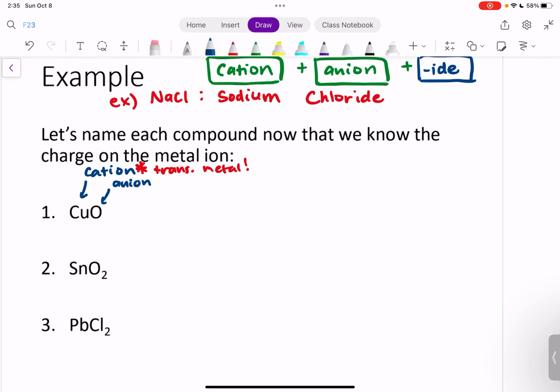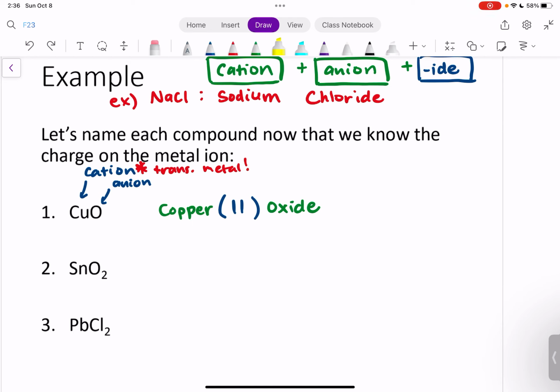So we would name this as copper 2 with a Roman numeral 2 oxide. And let's break this down a little bit. So this is our cation, right? Copper. We just label it copper, right?